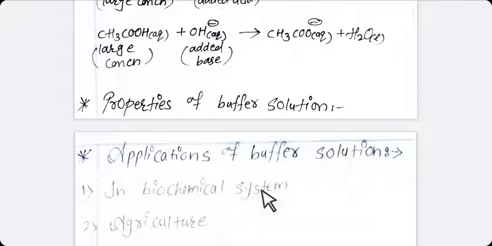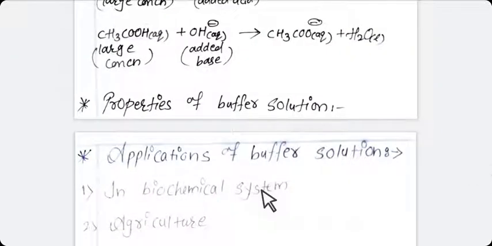The saline solution used for intravenous injection must contain a buffer system to maintain the proper pH of the blood. So you can understand how the pH of the blood is important.